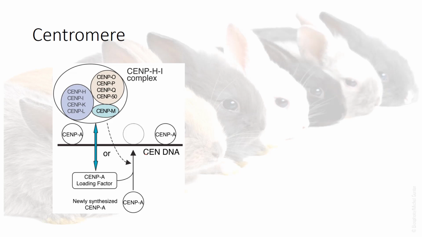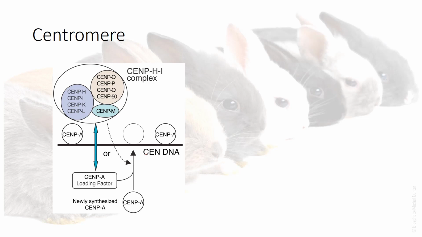All right, so the centromere. Centromere, again, is roughly the middle of the chromosome. And again, it's the site where the two sister chromatids are bound together. It's also the site where the microtubules physically attach to the chromosomes to move them around during mitosis and meiosis.